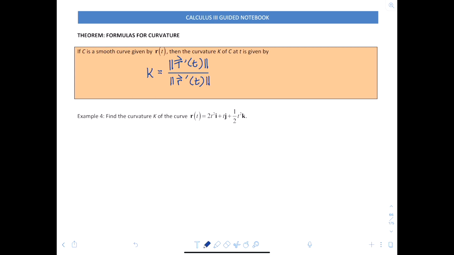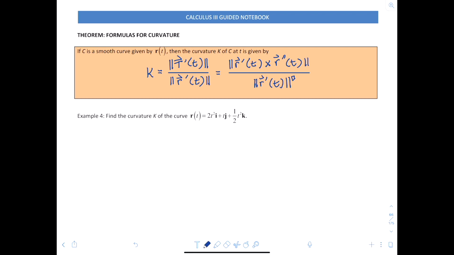But that in turn is also equal to the magnitude of R prime at t cross R double prime at t over the magnitude of R prime at t, the quantity cubed.